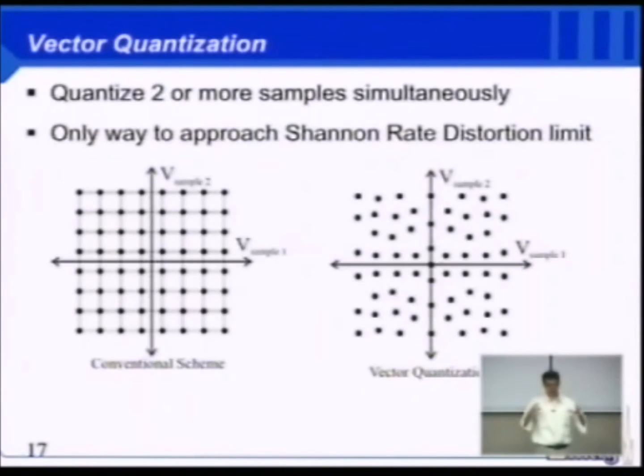Do all of your quantization kind of with a big picture view of what the signal is. The more jointly you can, the more information or the more section of the signal that you have when you do sampling and quantization, the more big picture, the less distortion you can wind up introducing into a signal. And that's how you approach some of these fundamental limits.